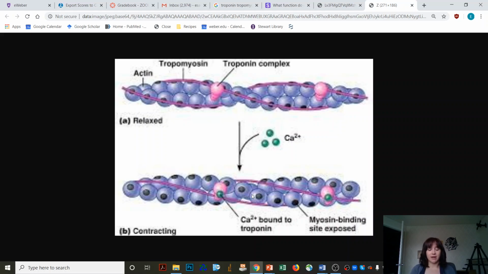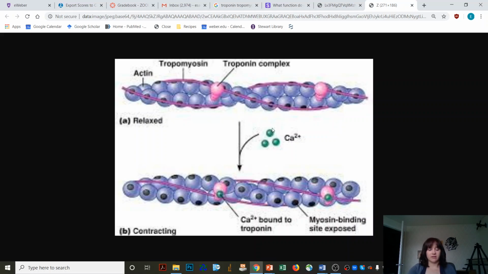So if these myosin binding sites are not available, the muscle cannot contract. Now, when the muscle is in the resting state, those binding sites are covered up by tropomyosin. So myosin could not, even if it wanted to, attach and pull on the actin filament.